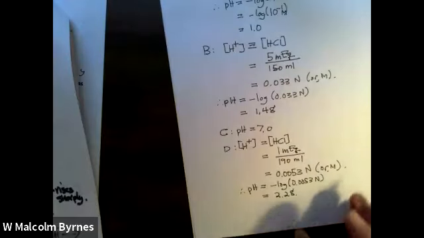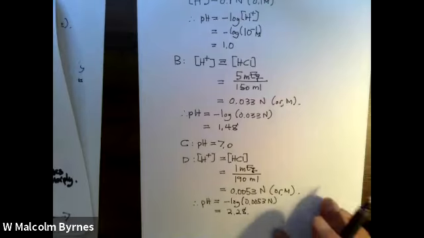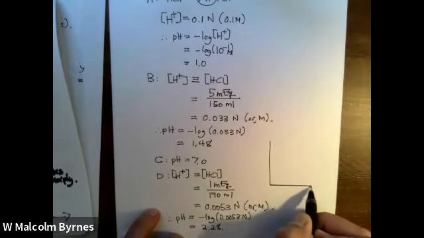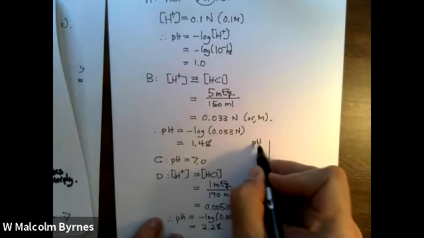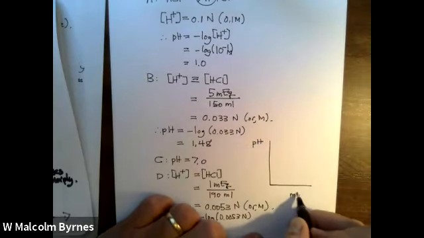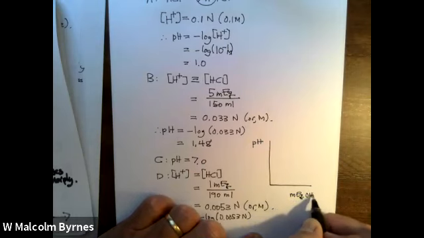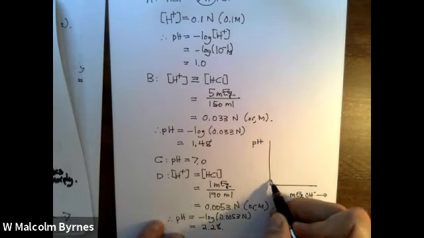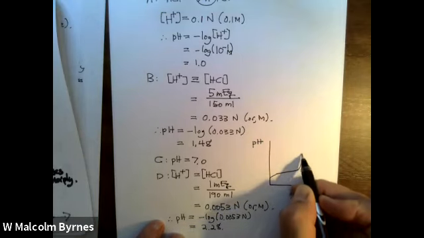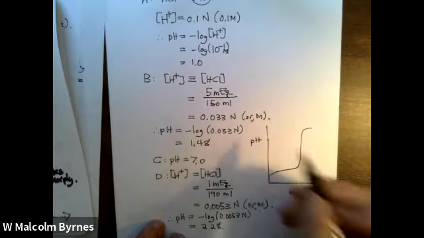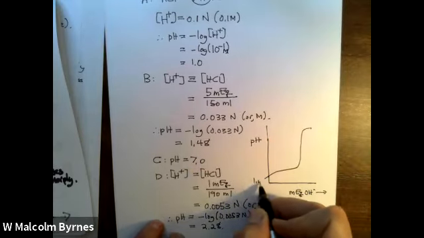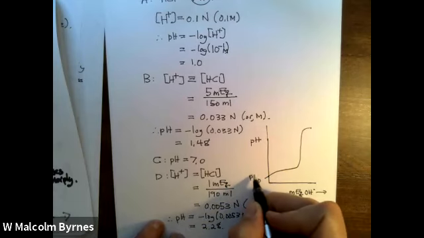So let's think about that a minute. What do we have there? Let's quickly look at sort of a little inset here, and let's look at pH versus milliequivalents of hydroxide added. We have something that doesn't change very much and then rises quickly. At point A, it's 1.0 pH.